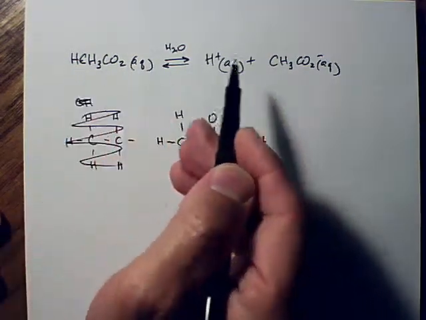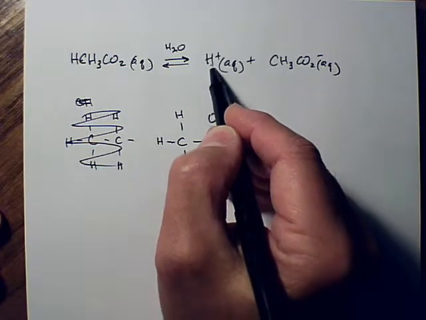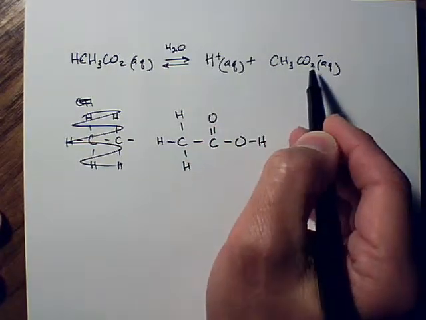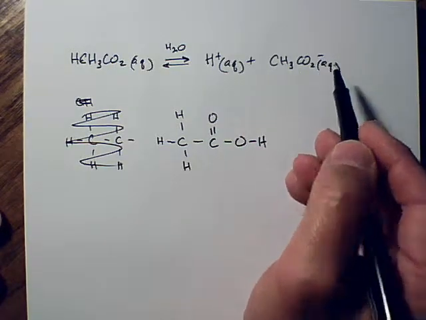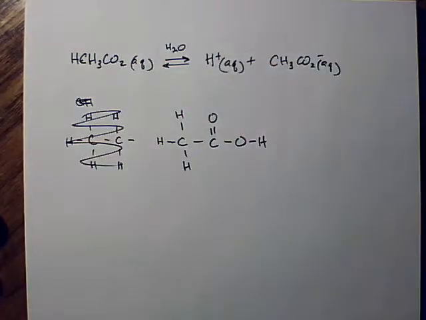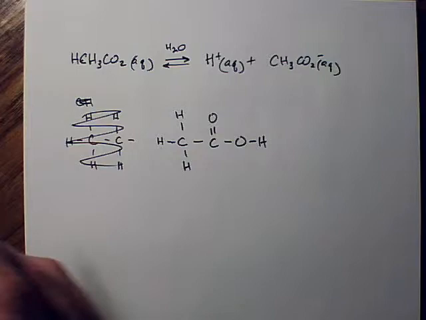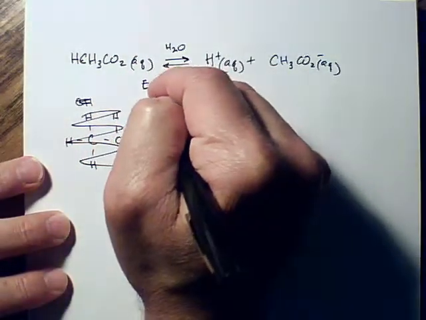Molecules of hydrogen acetate are breaking up and forming the hydrogen ion and the acetate ion. But there's also hydrogen ions and acetate ions that are banging into each other and forming a molecule. That's going on all the time. And you get a kind of a balance somewhere, and that balance is called the equilibrium.